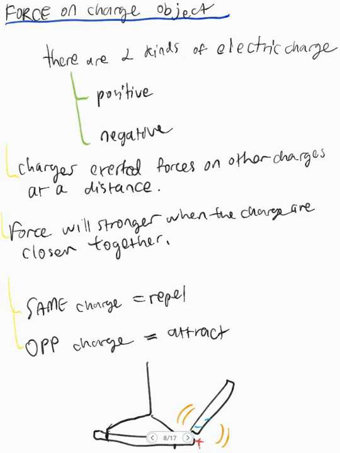As you can see from the drawing here, this is a drawing of a metal object hanging on a string, and a second metal object that moves closer to the one with the string.